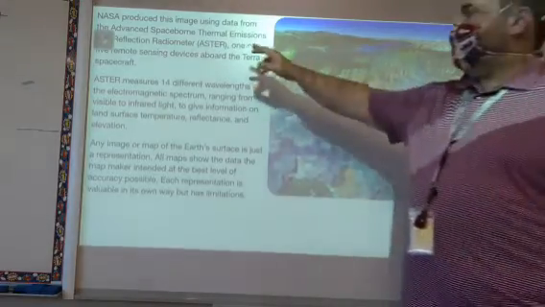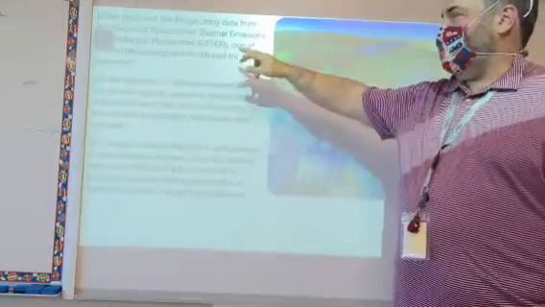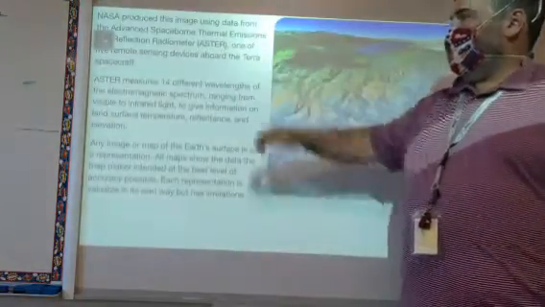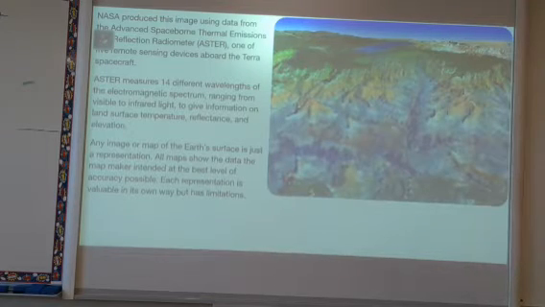So this is a NASA-produced picture using the Advanced Spaceborne Thermal Emissions and Reflection Radiometer called ASTER for short. All right, that's remote sensing. Remote sensing is anything you're using to tell what something is from far away. So if you use a satellite to tell whether something is flat or mountainous or hot or cool, that's remote sensing.